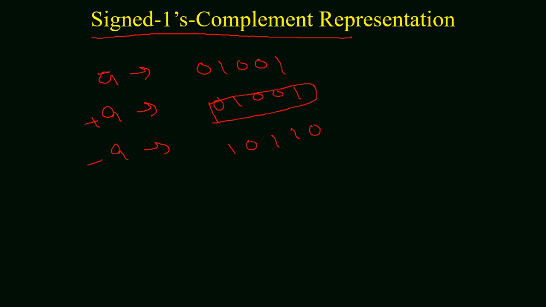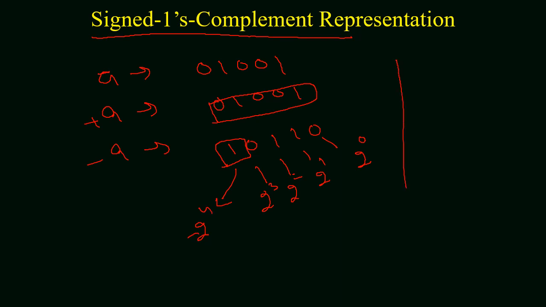Now we will calculate the weight. In the signed complement method, the weight of the MSB is taken as negative. Like the first bit weight will be 2 power 0, next 2 power 1, 2 power 2, 2 power 3, and this will be 2 power 4 and the sign will be negative.